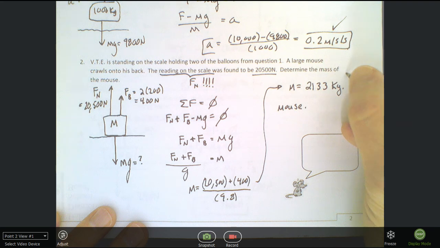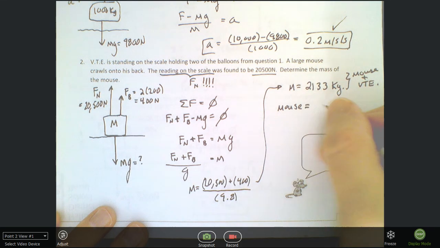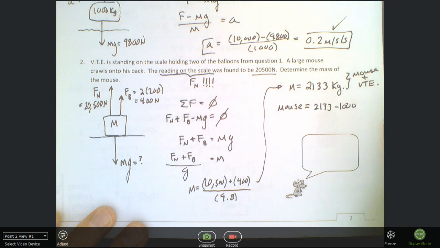So the mouse was on top. This is both the mouse plus the elephant. So the mouse equals 2,133 less 1,000, which was the mass of the elephant.